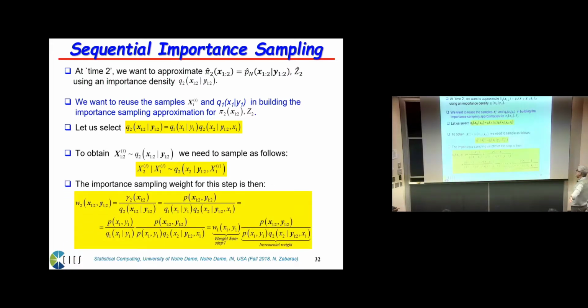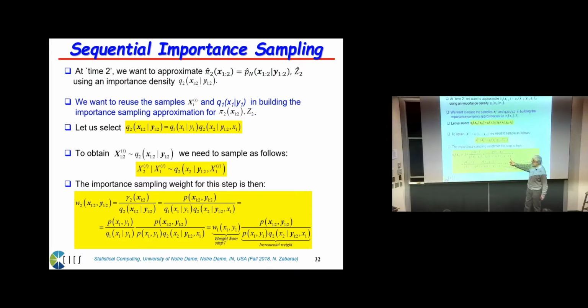And the question is, what happens to the weights? Can we compute them incrementally also, so we reuse the previous weights? The answer is yes. Look at this. Do you agree with me that this formula here is the definition of the weights at time 2? This is the unnormalized posterior divided by the proposal distribution, and you remember we wrote the proposal distribution as q1 times q2.